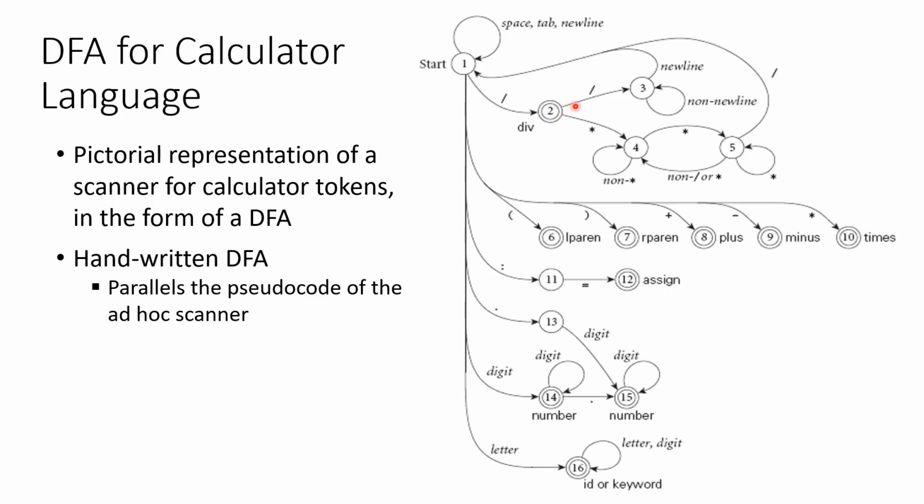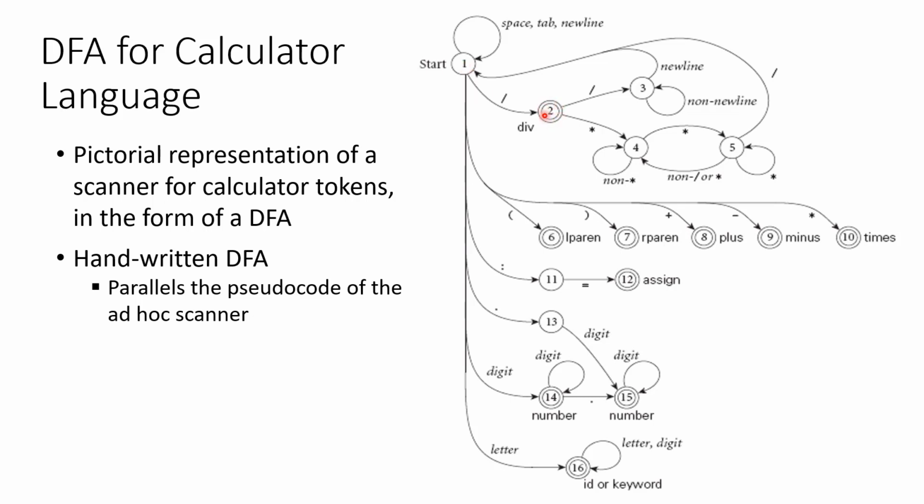If the next character is a forward slash, then it enters state 3. At state 3, if it sees any non-newline character, it will stay at state 3. When it sees a newline character, it goes back to the start state, so it starts over to read the next token.